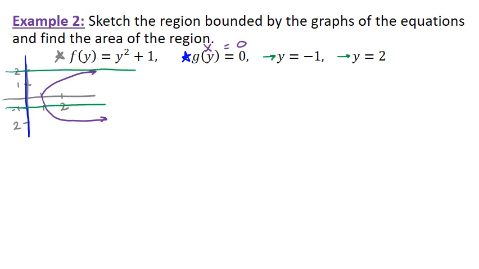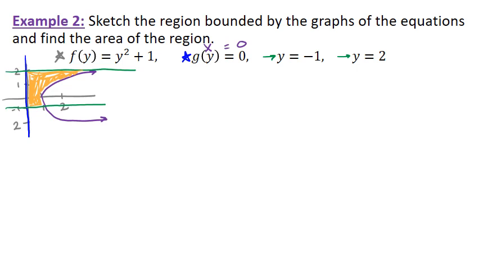So the area that we're interested in finding is this region here. So we want to find this area. And it's important to notice that this area is not symmetrical because we're bounded by -1 and +2.